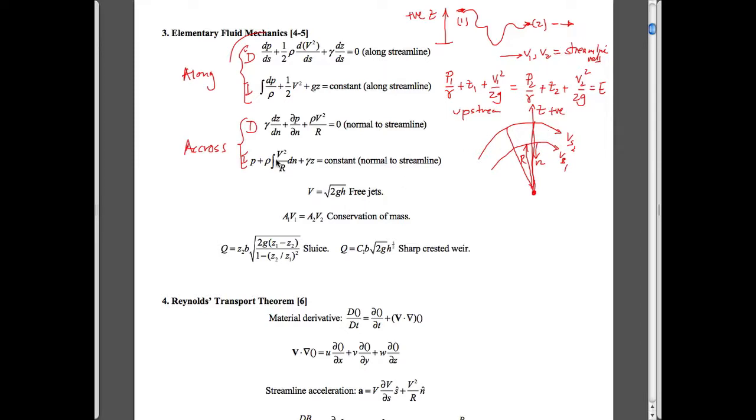This velocity here is not the normal-to-the-streamline velocity, because the normal velocity is 0. All the flow is along the streamline, so orthogonal to that there is no velocity by definition. I like this form myself better, though they're both equivalent.